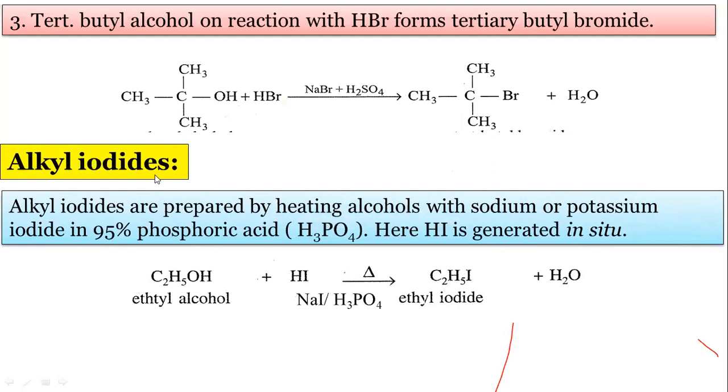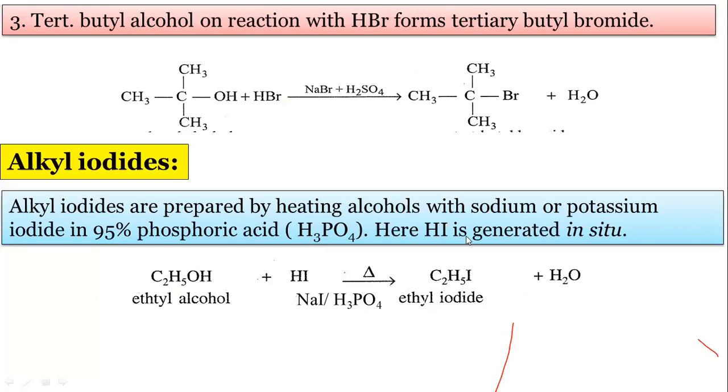Now the alkyl iodides. In the previous examples, we already saw how the bromides and chlorides are prepared. Chlorides are prepared by using Lucas reagent and Groove's process. Bromides are prepared by using NaBr and H2SO4, and the alkyl iodides are prepared by heating alcohols with sodium or potassium iodide, NaI, plus H3PO4, phosphoric acid.